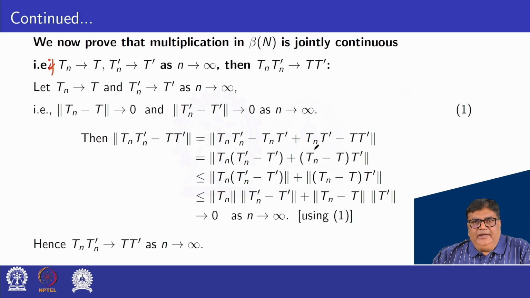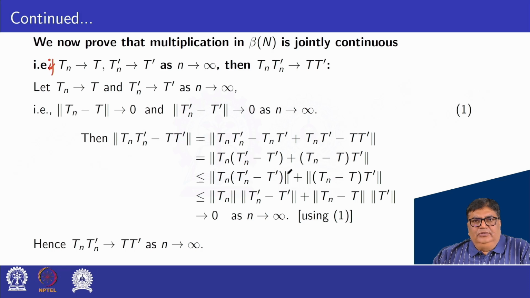Here we have added Tn T dash and subtracted Tn T dash, so there is no change in the left hand side. Tn is common from the first two terms and T dash is common from the second two terms. So we have Tn in brackets Tn dash minus T dash, plus Tn minus T, times T dash.